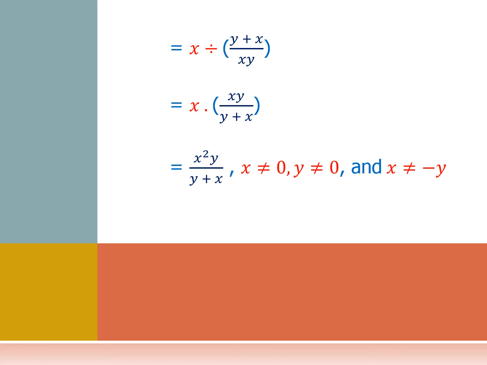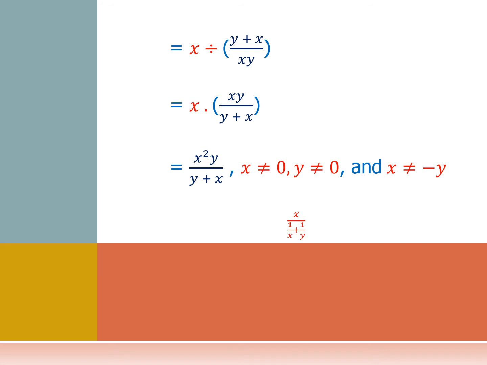Now to find the restrictions, x should not be equal to 0, y should not be equal to 0, and also x should not be equal to negative y, because if these are satisfied, we will get a fraction over 0, which is undefined. So they should be excluded.